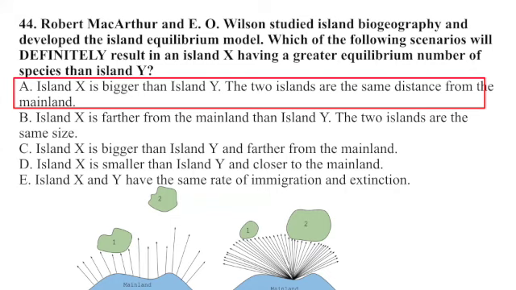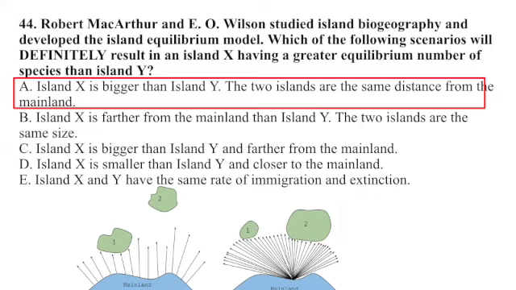The larger the island and the closer to the mainland it is, the more species will live there due to greater immigration rates and decreased extinction rates. Larger islands have more space than smaller islands, so there are likely to be more niches and resources available. And extinction will be lower on an island close to the mainland because of greater likelihood of immigration.